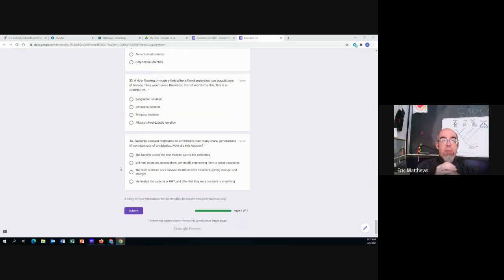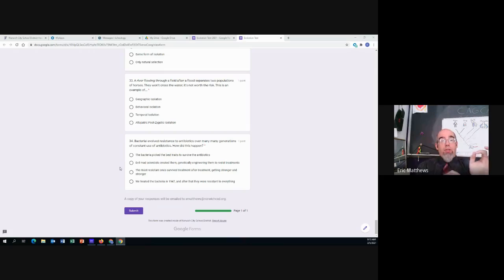Is it because an evil mad scientist created them, genetically engineering them to resist treatments? Is it the most resistant ones survive treatment after treatment, getting stronger and stronger? Or is it we treated the bacteria in 1947 and after that they were just resistant to everything?